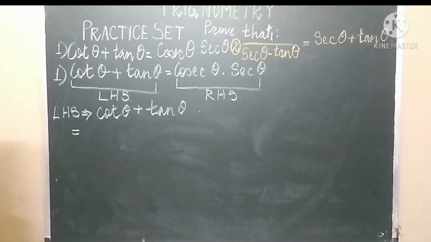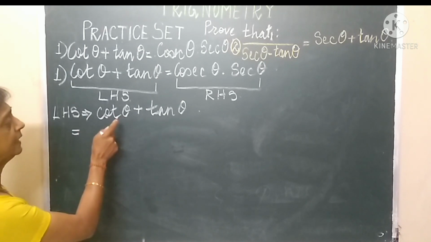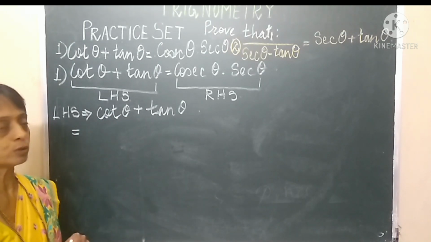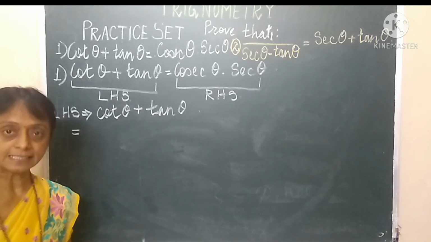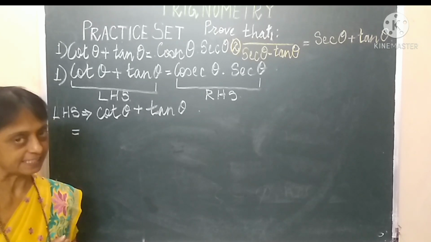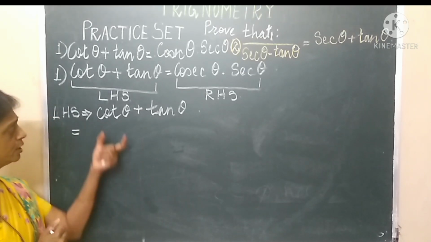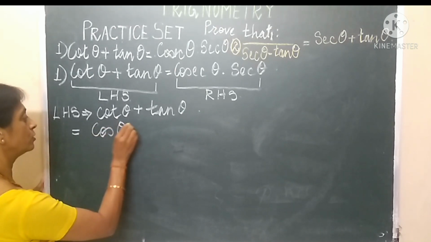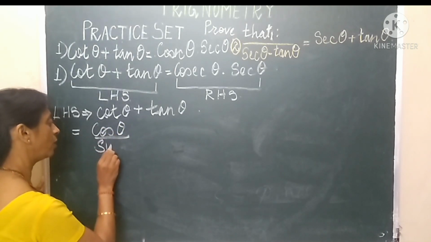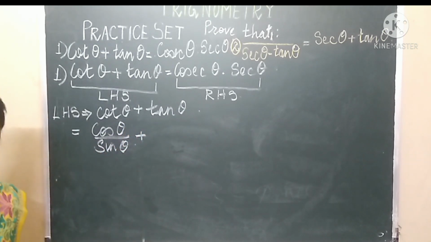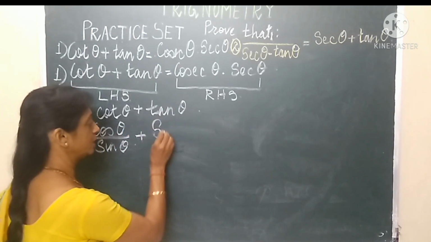Now if we recall, children, we have seen that wherever you have such inverse functions like sec, cosec, cot, tan, it is advisable to change them into the basic functions like sine and cos. So what is cot theta? Cot theta is cos theta upon sine theta plus, what is tan theta? Let's substitute.